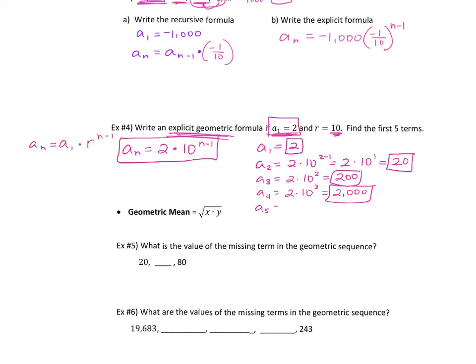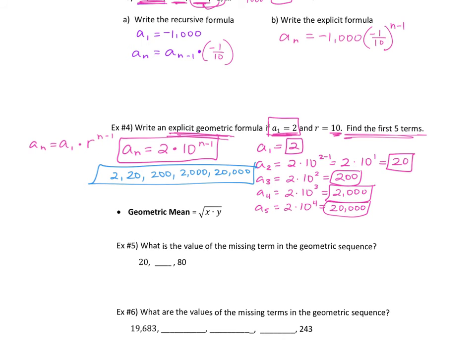And a sub 5 is 2 times 10 to the 5 minus 1, which is the fourth power, and that's 20,000. Okay, so when they ask you for the first 5 terms of the sequence, it's 2, 20, 200, 2,000, 20,000. Those are your first 5 terms. Okay.